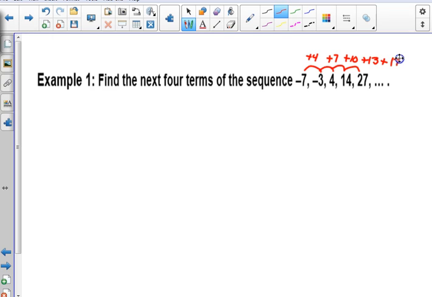Nope, 16. Yeah, that still doesn't say 16. A little scary there.